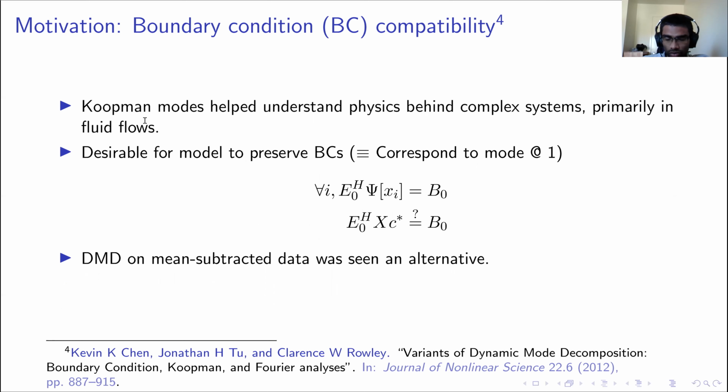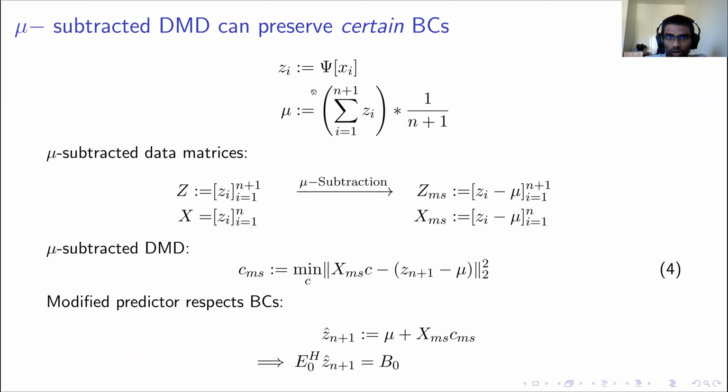And one thing they wanted was for the model to preserve boundary conditions. Now, in its essence, this problem is asking if the snapshots satisfy this relation, does the prediction of the model satisfy the same relation? And one way to achieve this is by subtracting the mean. So let's say Zi are my snapshots and mu is the temporal mean.